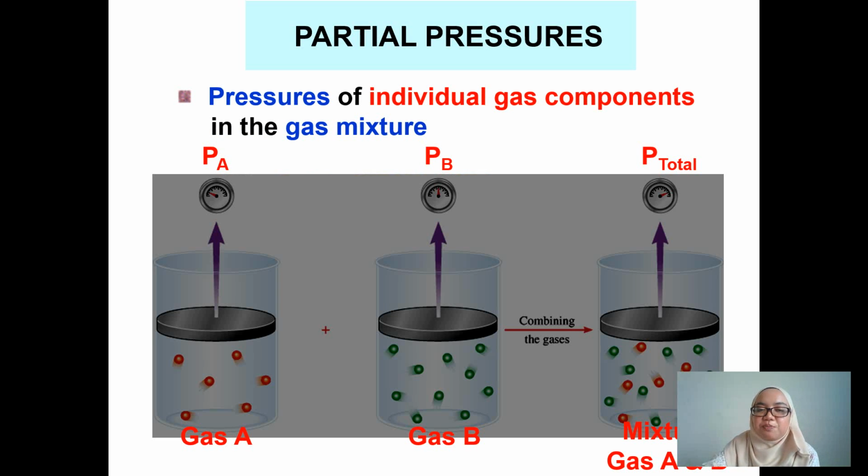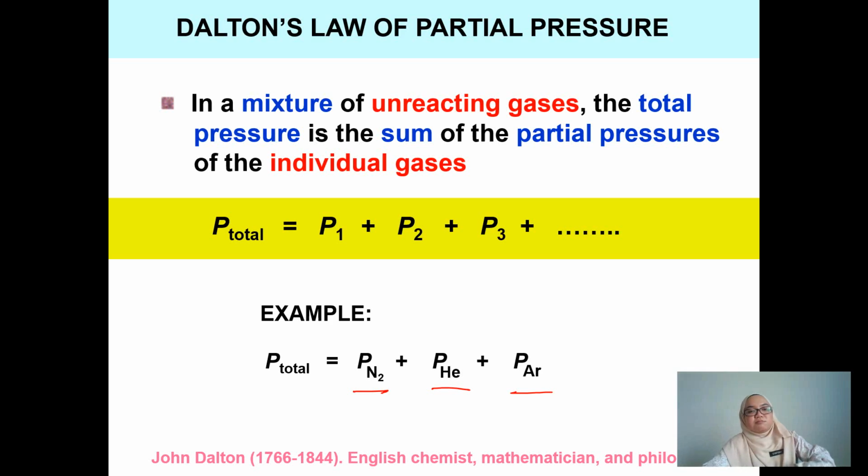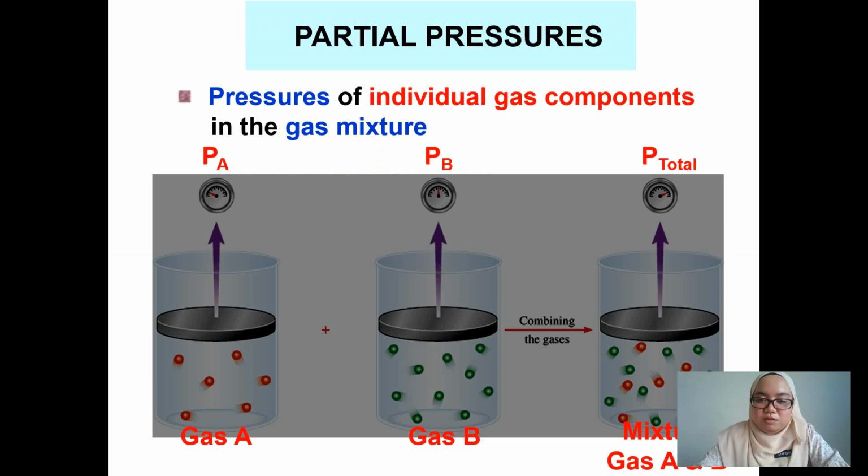It is the pressure of an individual gas component in the gas mixture. In one container there are many gases, but we can find the partial pressure for each of the gases by using this equation.